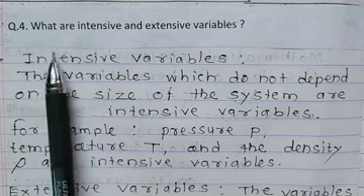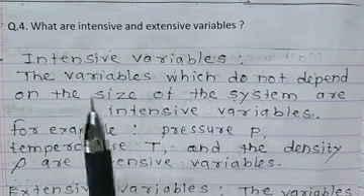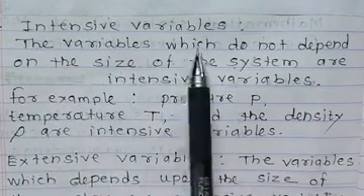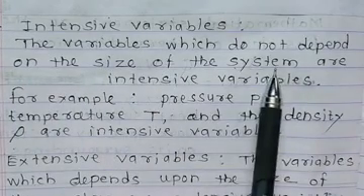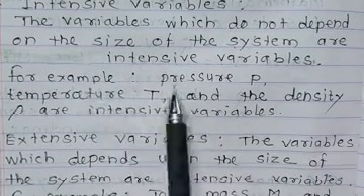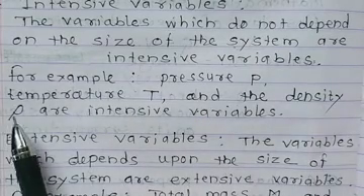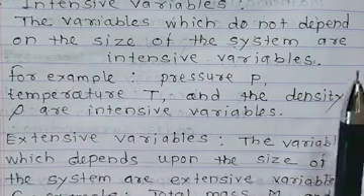Question 4. What are the intensive and extensive variables? Intensive variables. The variables which do not depend on the size of the system are intensive variables. For example, pressure P, temperature T, and the density rho are intensive variables.